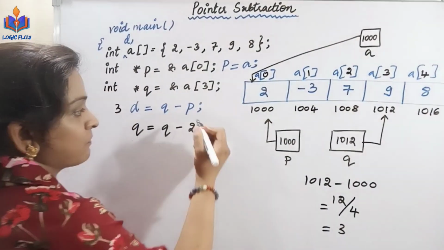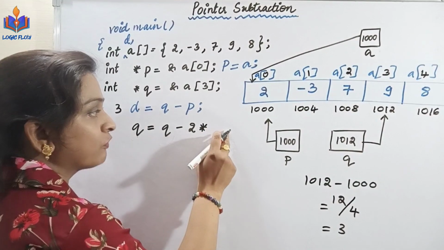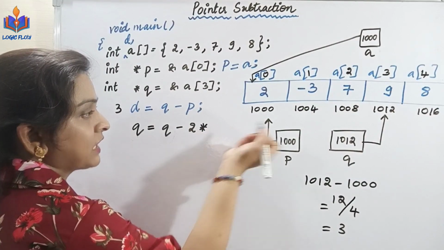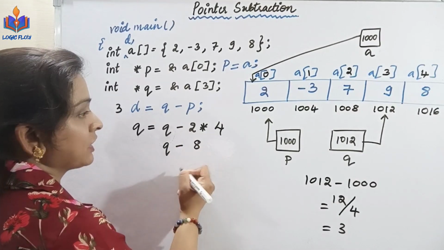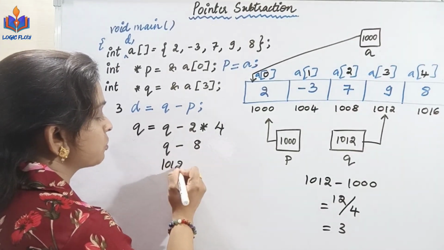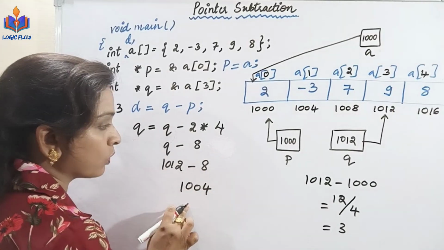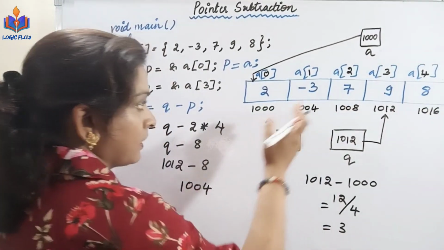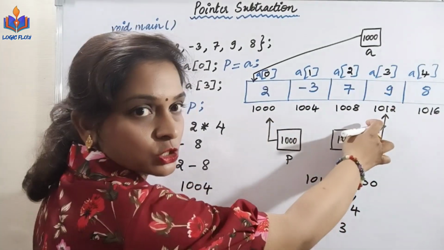But again, in the same way, it has to be multiplied by the size of the data type. The size of the integer data type is 4. So it is Q minus 8. What is Q? It is 1012 minus 8, so the answer is 1004. Just move backward. Q was pointing to 1012.